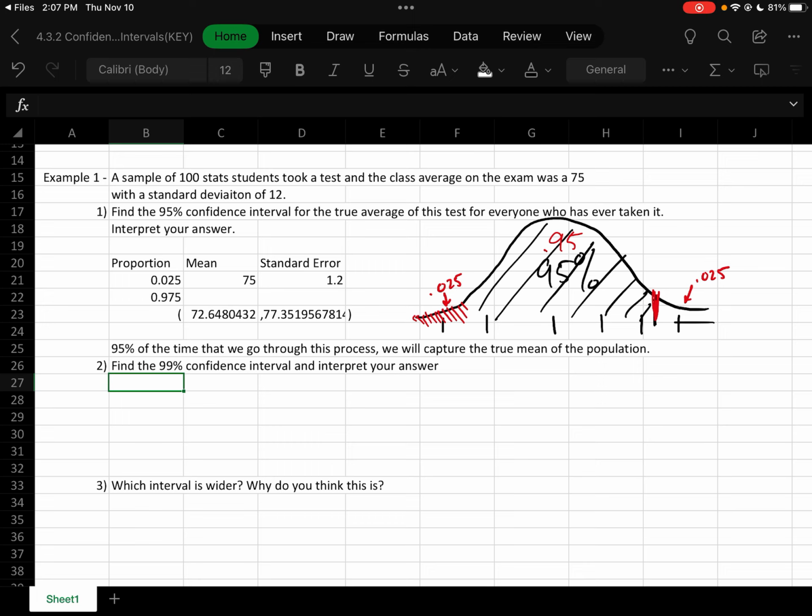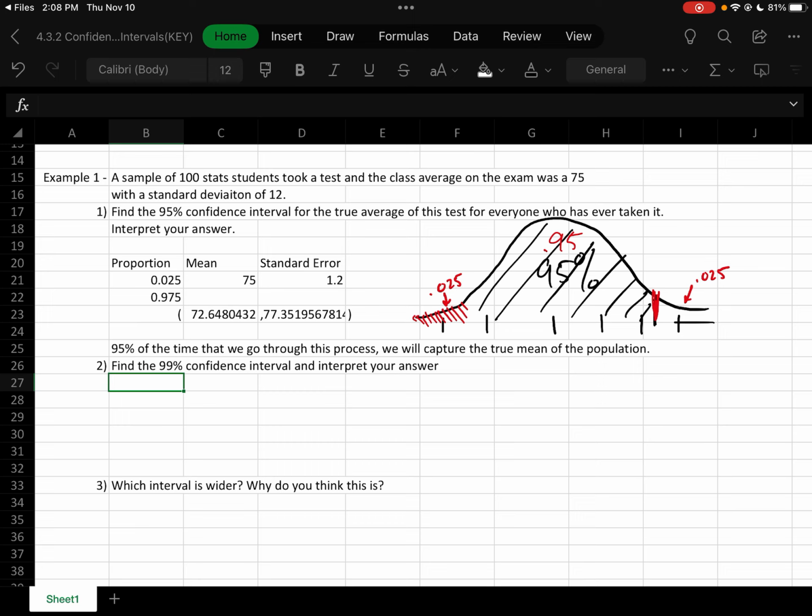And even within that 5%, it's not always 5%. It could be a little bit less, a little bit more. The more times we do this, the closer we're going to get to a 5% error rate and a 95% accuracy rate. But by creating the interval, we now have a range of values where we think that the mean of the population is located instead of giving just a single value of 75.